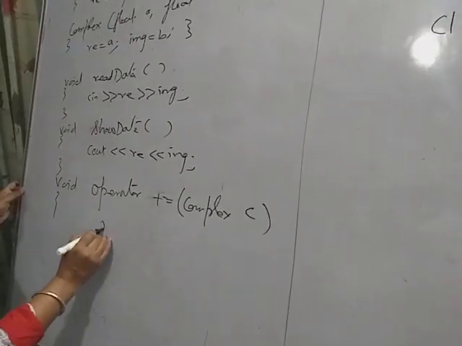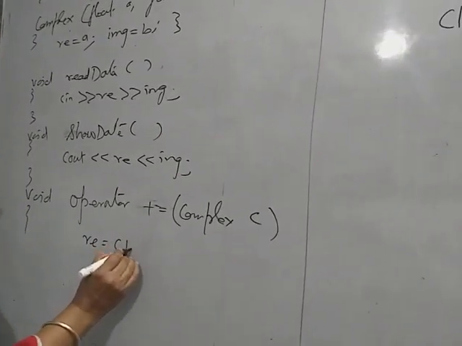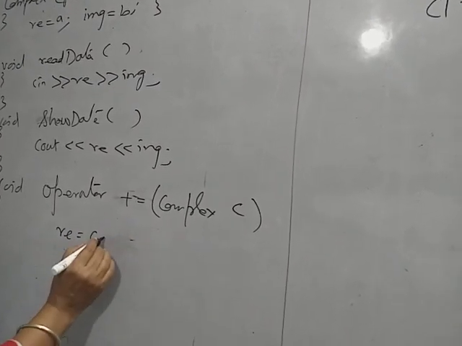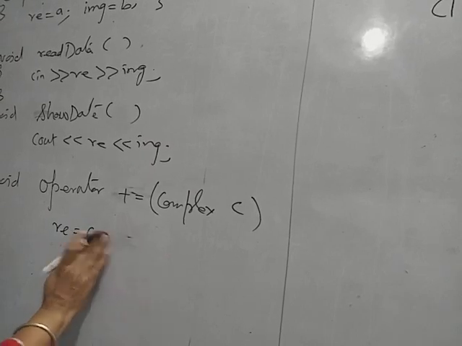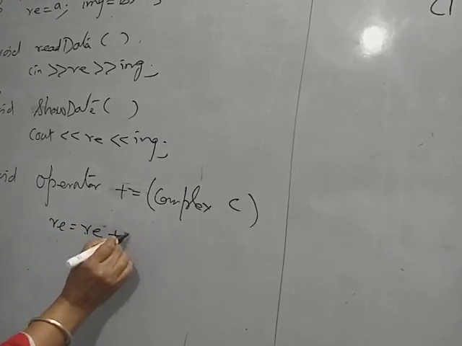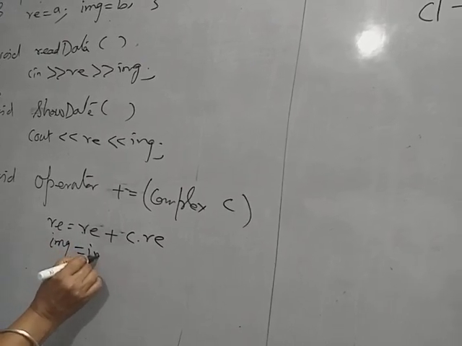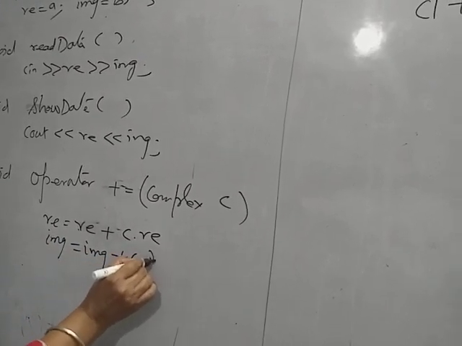So here: real equal to real plus C dot real, and imaginary equal to imaginary plus C dot imaginary.